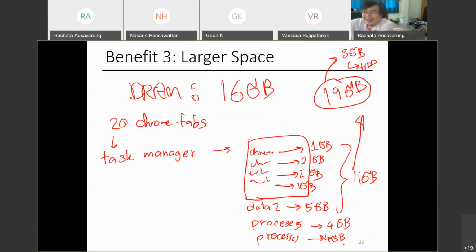What is one policy that I told you already in the caching lecture? What can be my eviction policy?